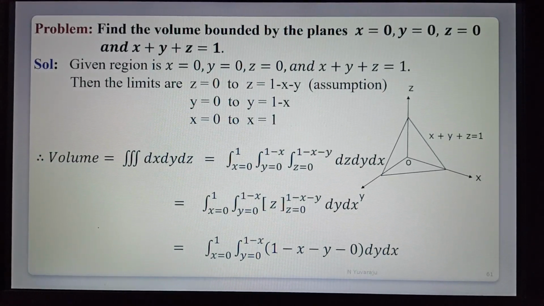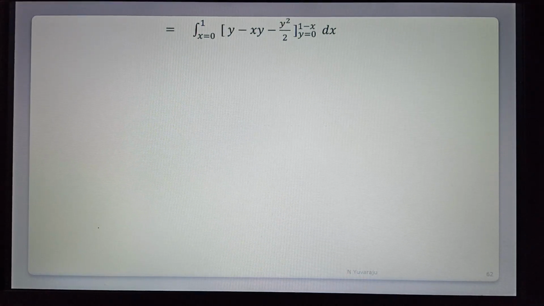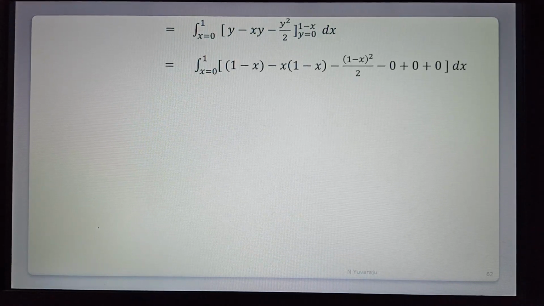So that is equal to the integration of x from 0 to 1. Integrating with respect to y: y minus xy minus y squared by 2, with y limit 0 to 1 minus x. Substituting the upper limit 1 minus x, we get the integration from 0 to 1 of (1 minus x) into (1 minus x) minus (1 minus x) whole square by 2, minus 0.